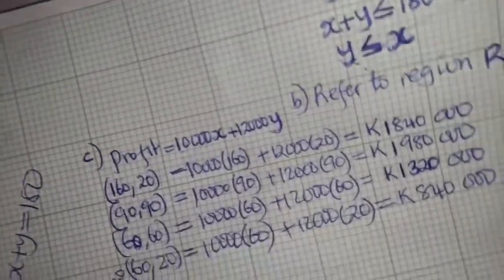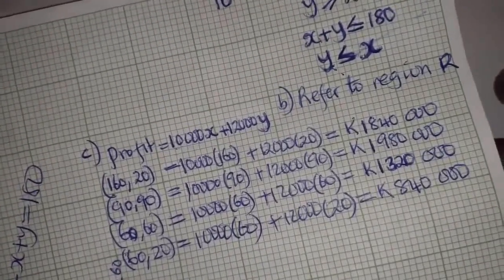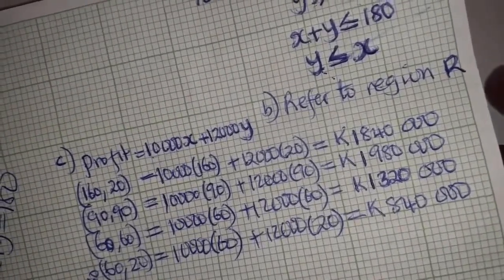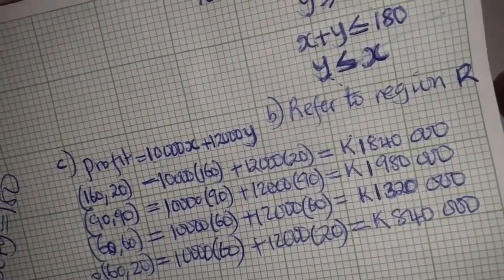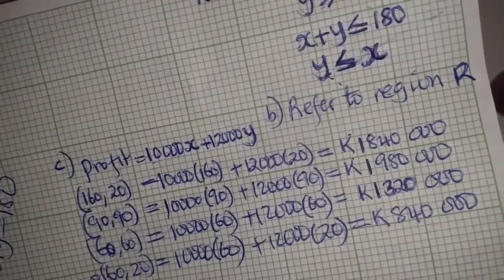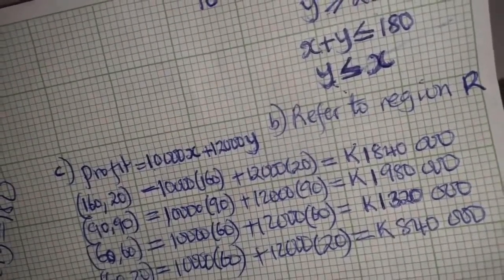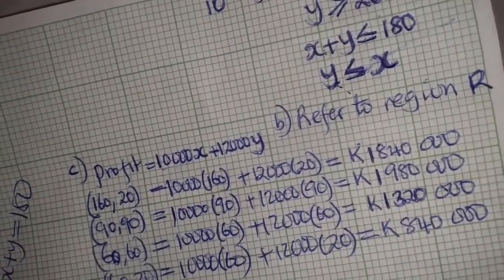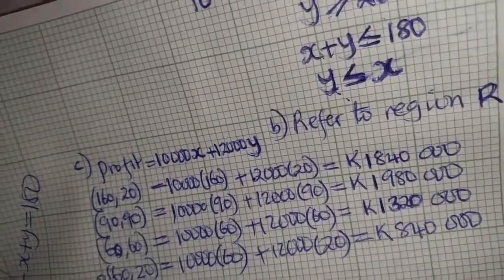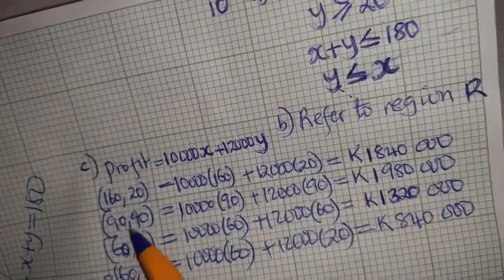So what is the highest amount here? If you can check, it's the second one, isn't it? Which is 1,980,000 kwacha. That is the highest amount, isn't it? So what combination gave us this highest amount? It's 90, 90.